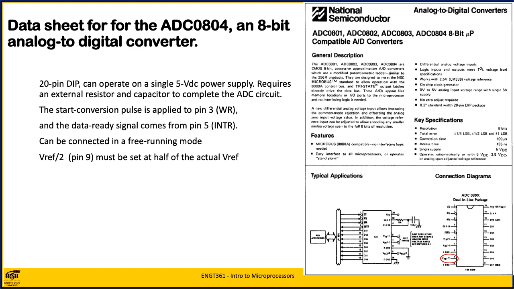For example, if the requirements call for an analog voltage range of 0 to 5 volts DC, then pin 9 would be set to 2.5 volts. The time to complete a conversion is approximately 100 microseconds, making it almost 700 times slower than the DAC 0808 discussed earlier of 150 nanoseconds.